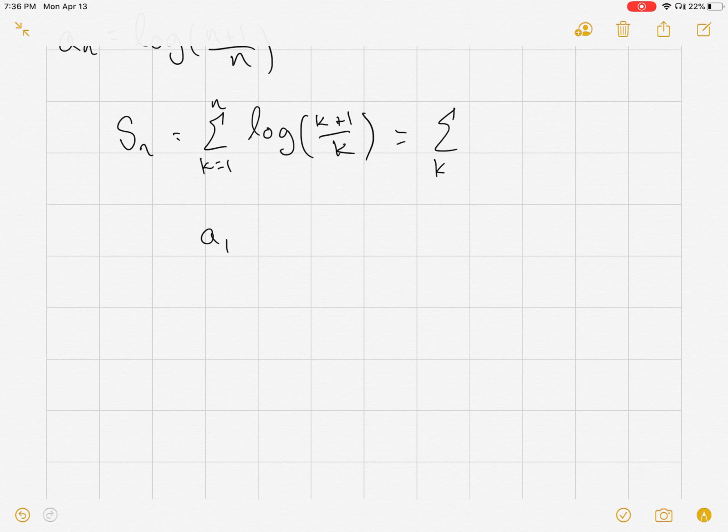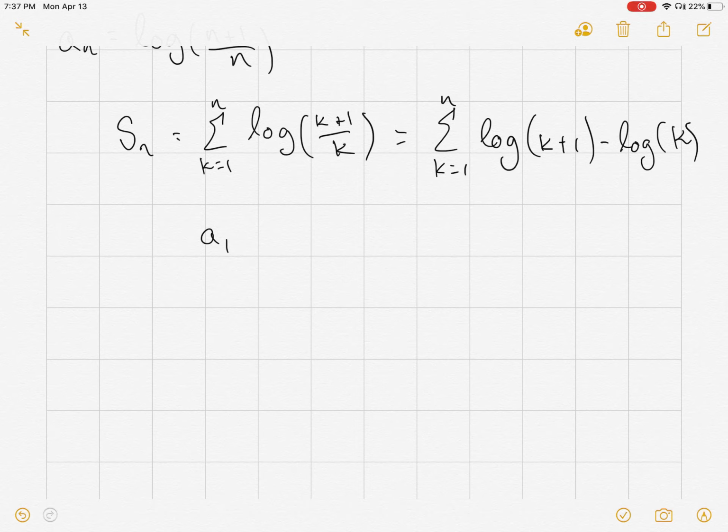So we still got our summation from k equals 1 to n. We've got our logarithm, and we've got our k plus 1. But then using our rules of logarithms, I'm going to use that to subtract our logarithm of k here. All right, so when we're dividing two things inside of a logarithm, we can represent that as log of one minus log of the other.